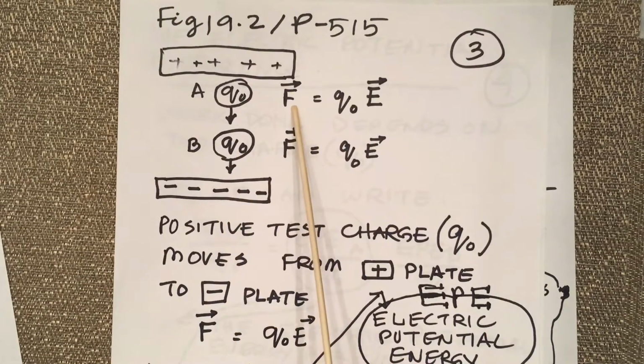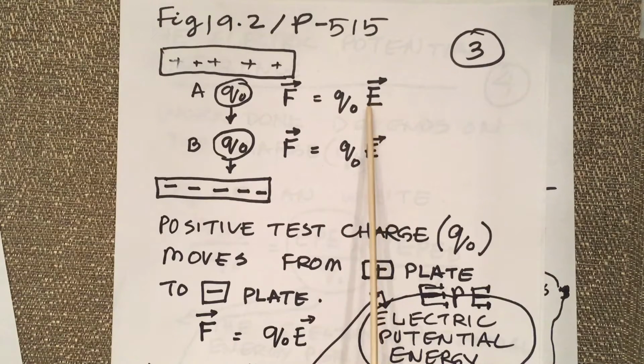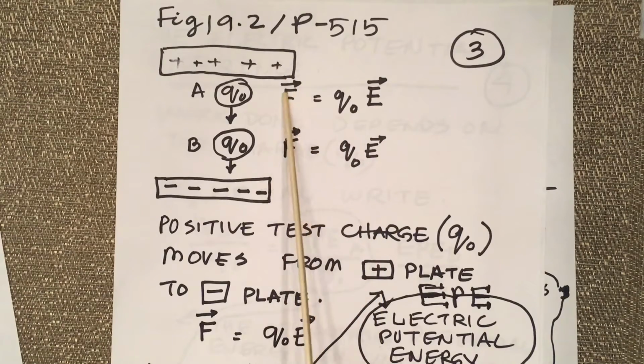Here the force is Q0 times E, where E is the electric field. We already defined electric field in chapter 18, where the electric field is force divided by charge.